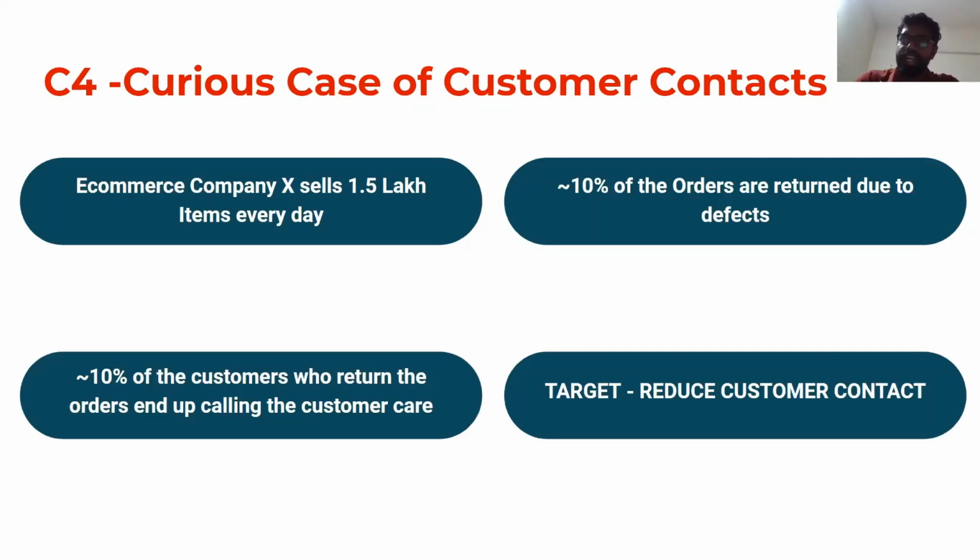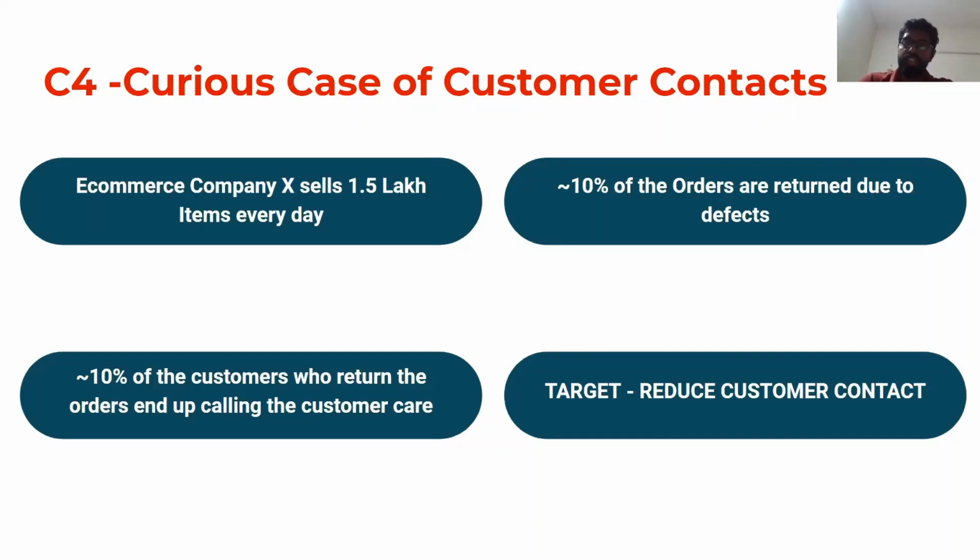Basically, what it tells you is that you have not only returned the item, you are also pretty upset that, okay, my concerns have not been taken into cognizance. The speed at which the complaint is being resolved is not sufficient. So there are a lot of reasons why a customer would start calling. In business terms, this is essentially called an escalation, right?